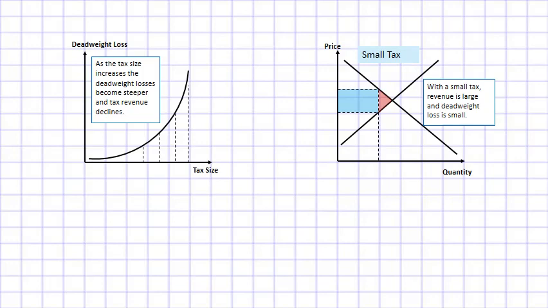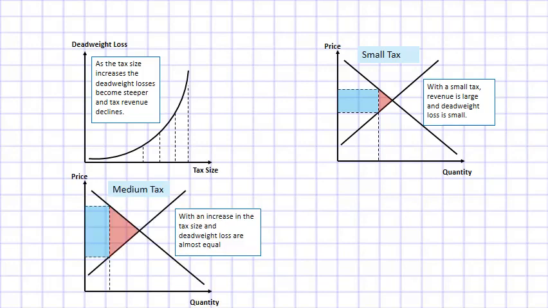So when you look at it here, a small tax. When we have a small tax, like what we just used for our examples, revenue is large, dead weight loss is small. So you'll see how much tax revenue there is, and then how much dead weight loss there is.